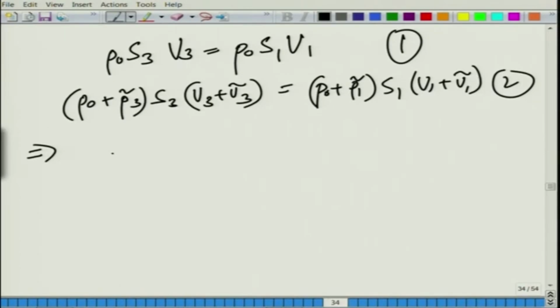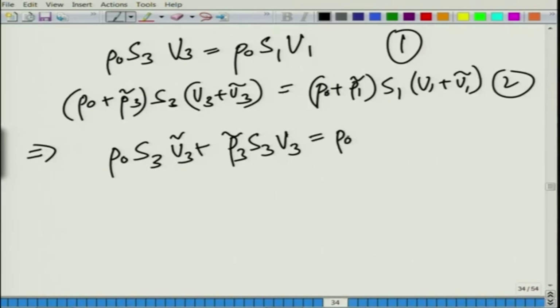So, the resultant equation would look something like this: rho naught S3 U3 tilde plus rho 3 tilde S3 U3, U3 now is the mean velocity, not your U tilde, and rho naught into S1 U1 tilde and here rho 1 S1 U1 and rho S2 U2.